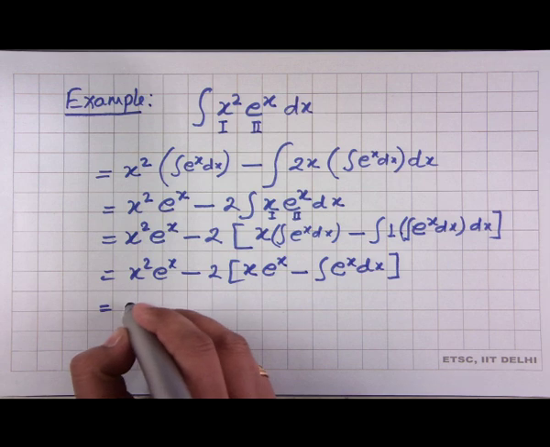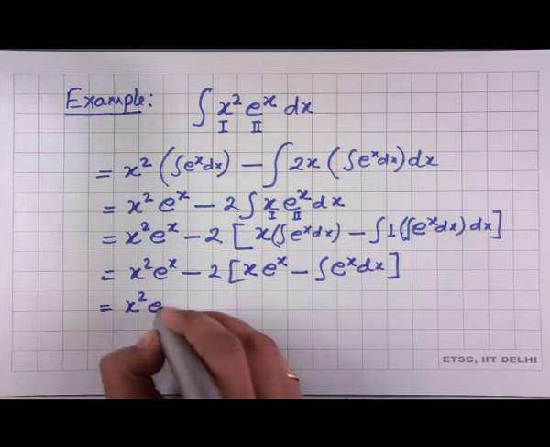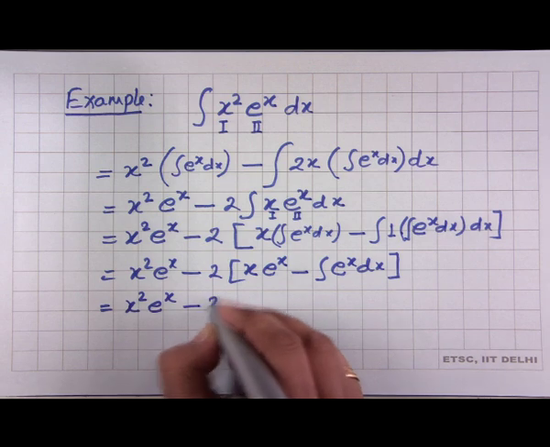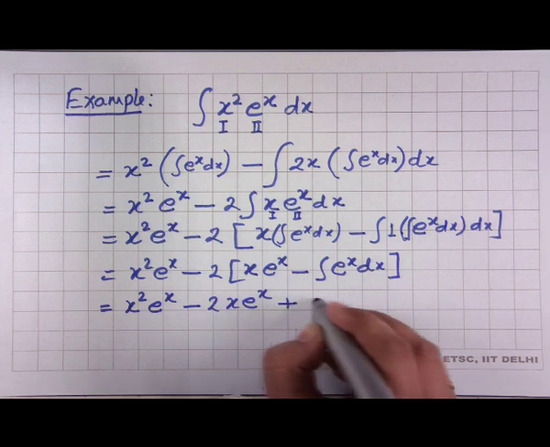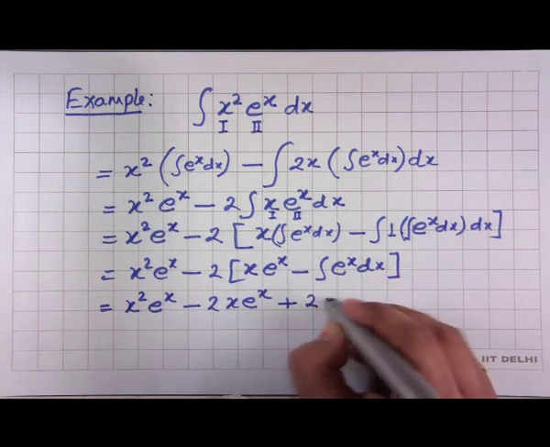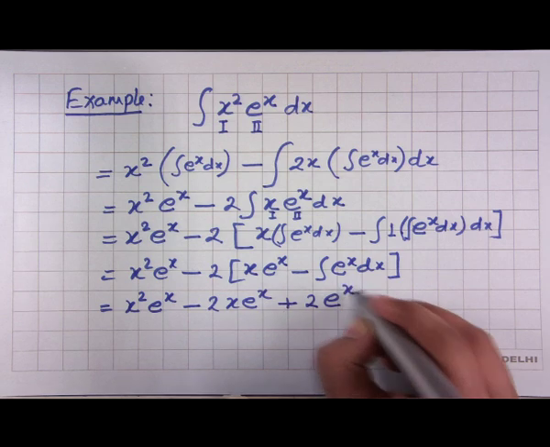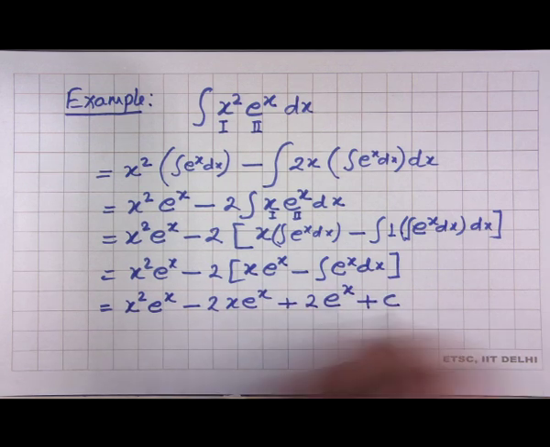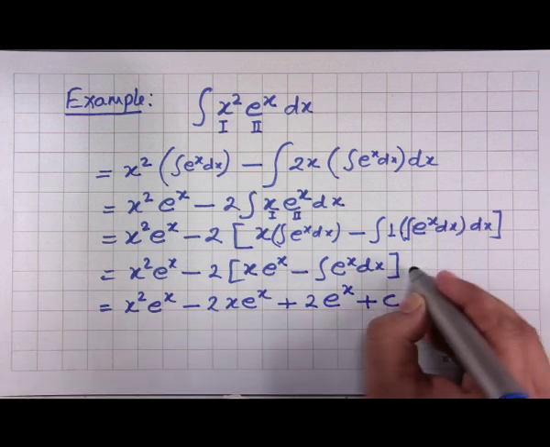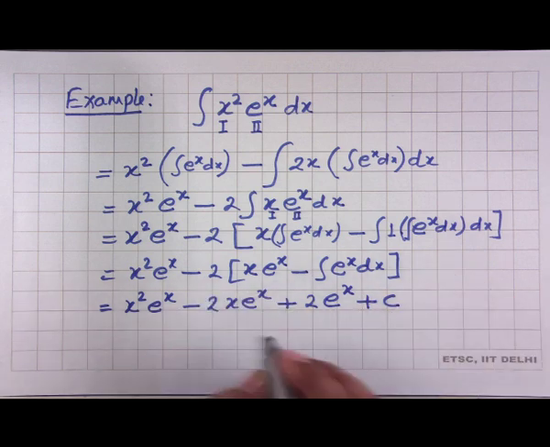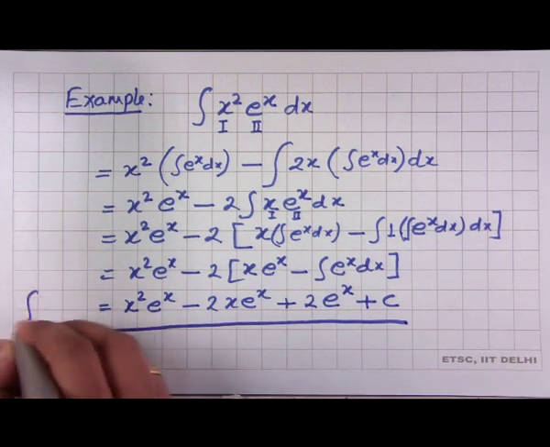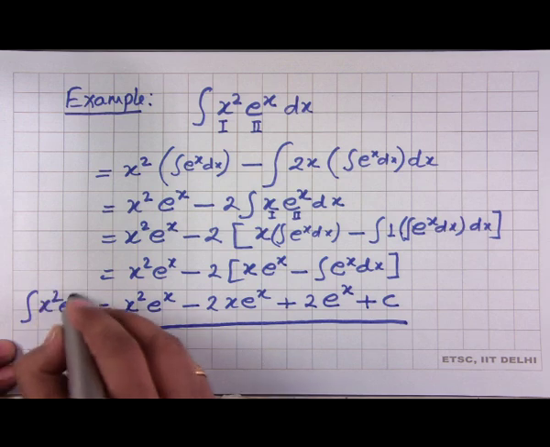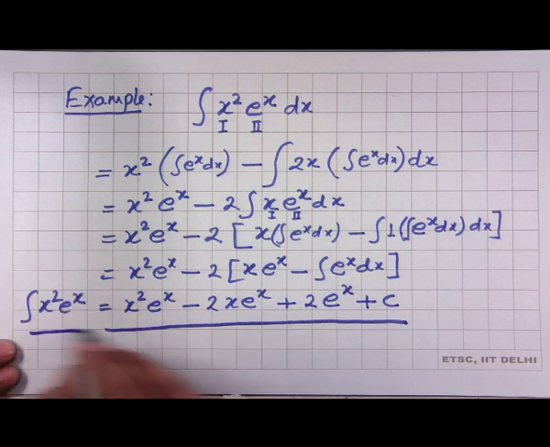Finally, x square e raised to power x minus 2x e raised to power x, minus minus plus 2, integration will become e raised to power x, and then a constant of integration. You could have also added a constant of integration here. So, the integral of x square e raised to power x comes out to be this.